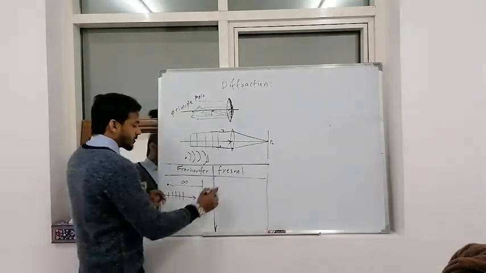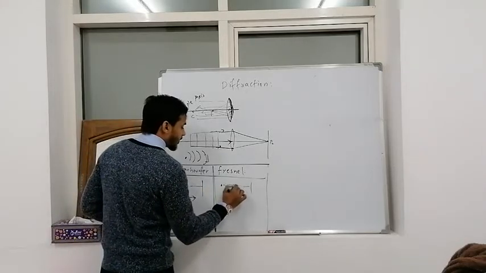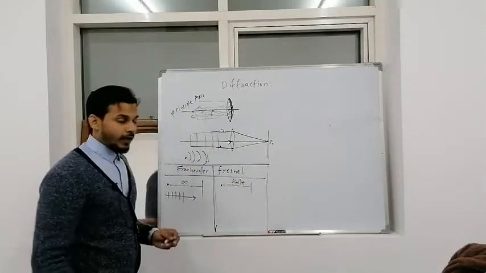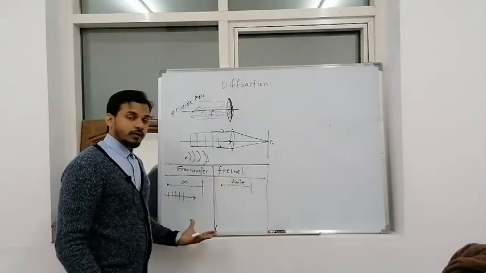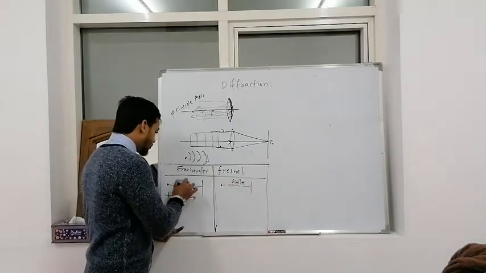And what is the difference here? Between the source of light and the screen, there will be a finite distance, and diffraction will be produced. Somewhere here, we will put the lens.